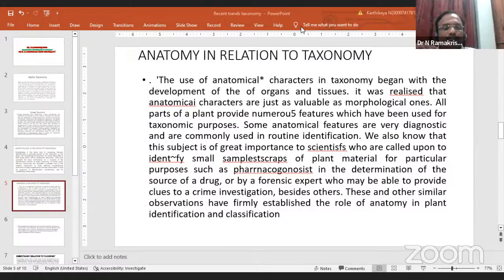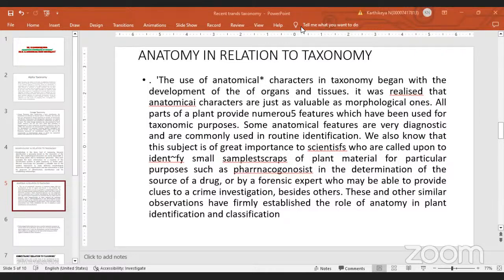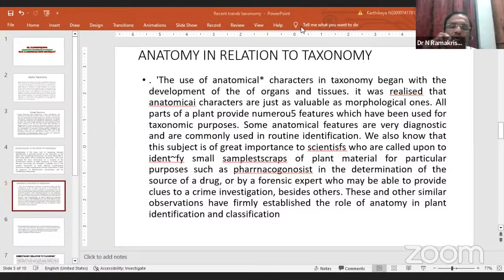Based on that, for example, here I am showing the latex. When I show the latex, we are not looking at the entire plant, we are looking at only one part. That part produces latex. So if it produces latex, then this plant belongs to Asclepiadaceae.